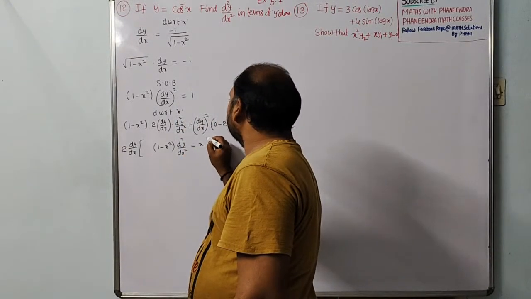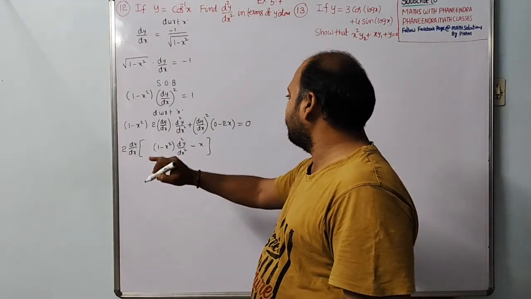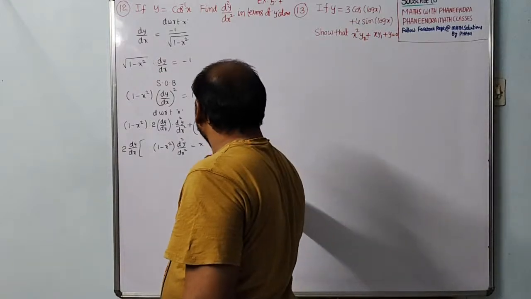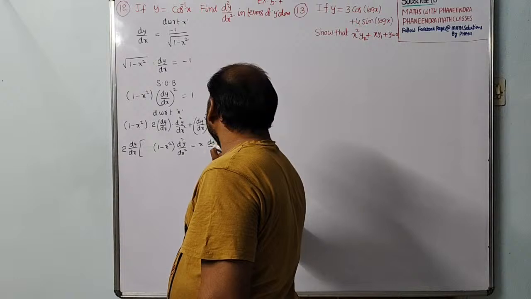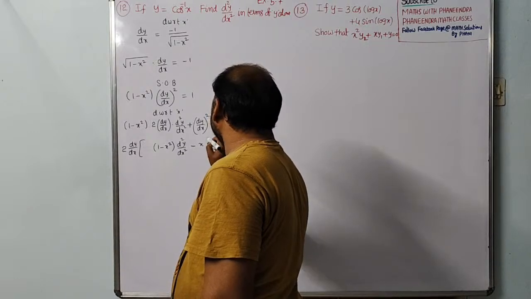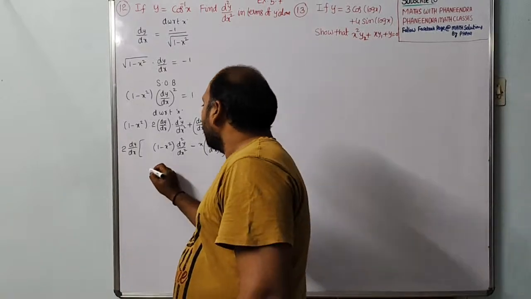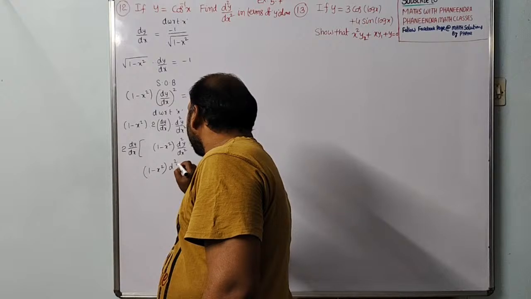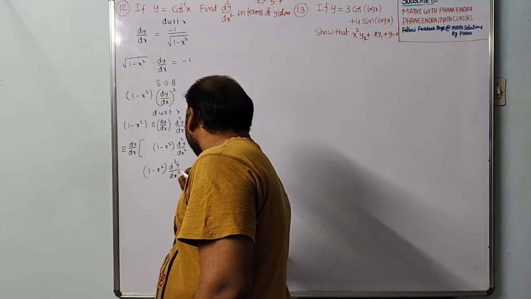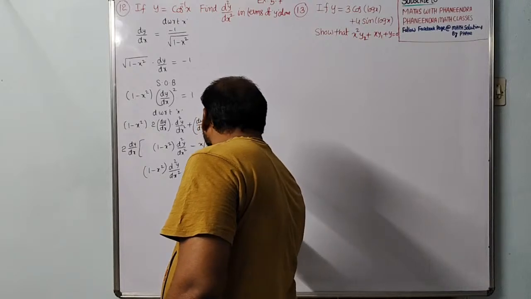Next minus x, dear students. Okay, minus 2 dy by dx, bring outside. The remaining is into dy by dx is equal to 0. That value bring this side. You will get 1 minus x square into d square y by dx square minus x into dy by dx equal to 0.